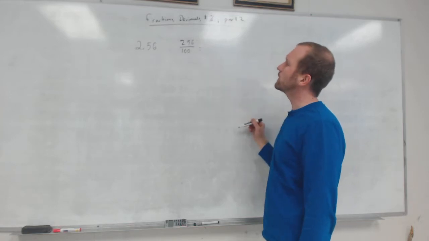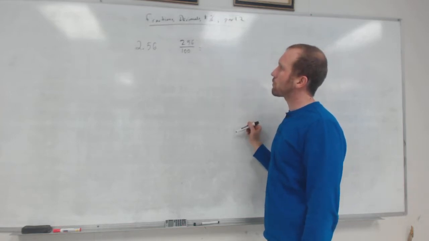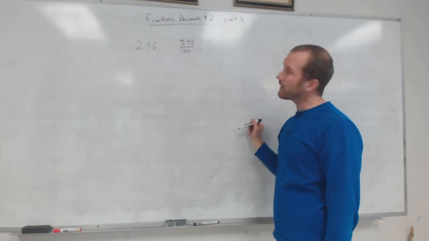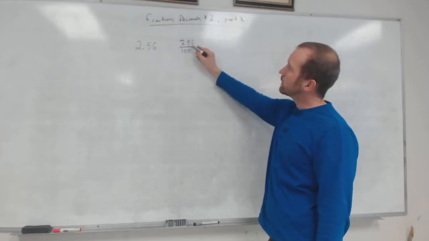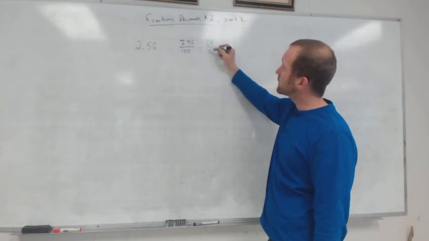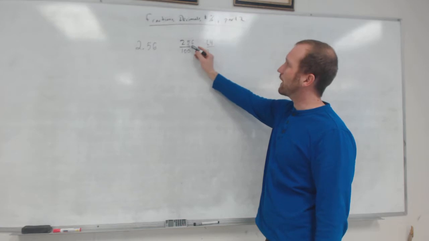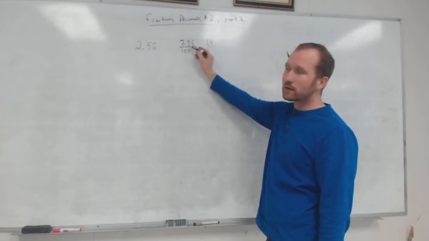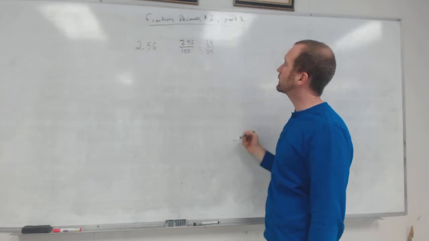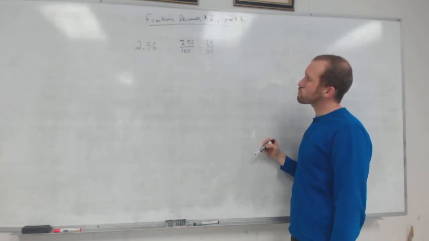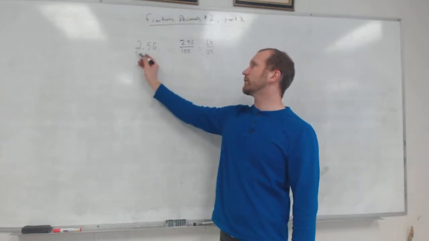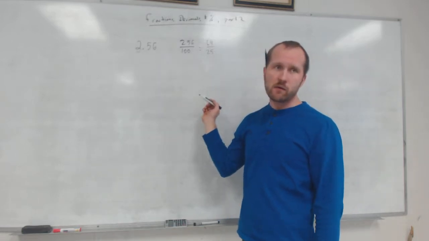I could divide them both by 4. 4 goes into 25 6 times, and into 16 4 times, and into 100 25 times. So it doesn't really affect it that much going this way, right?